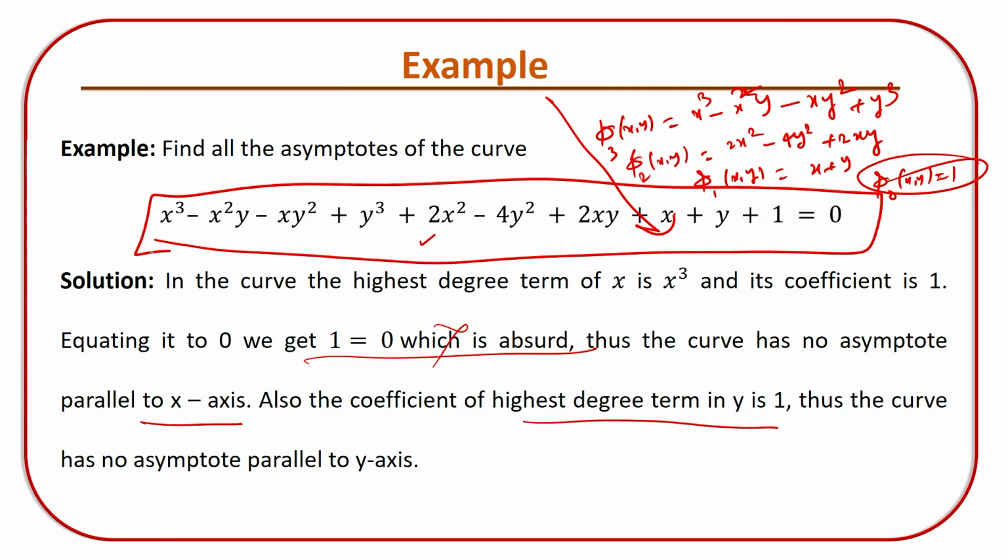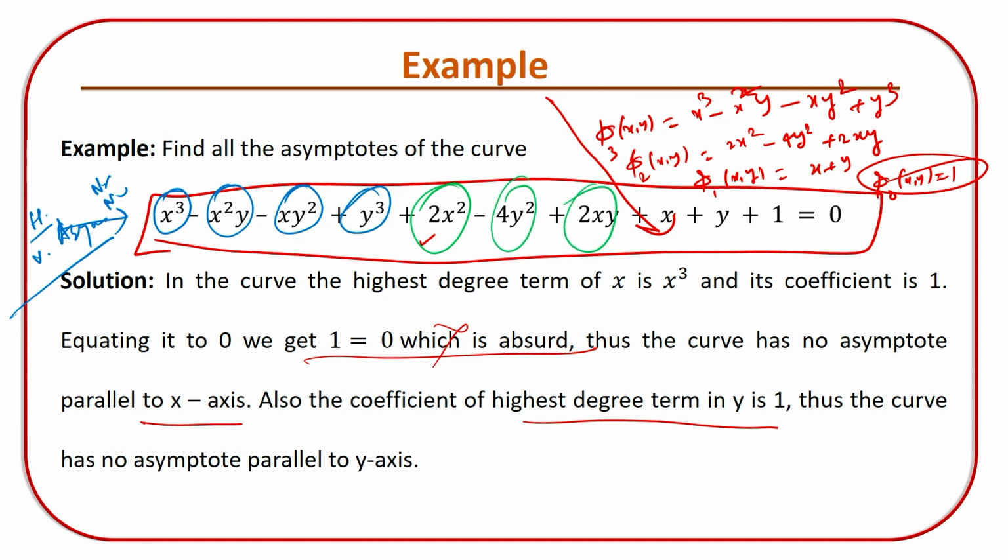So, what I have to do, I have to check first the horizontal as well as the vertical asymptotes, and we find out that there is no horizontal or vertical asymptote here. Then I have to gather all the highest terms, the third degree terms, then we obtain the second degree terms, then the first degree term, and this is the constant zero degree term.